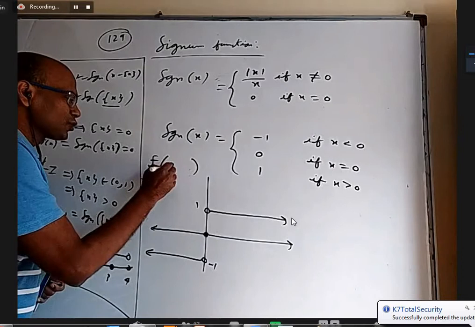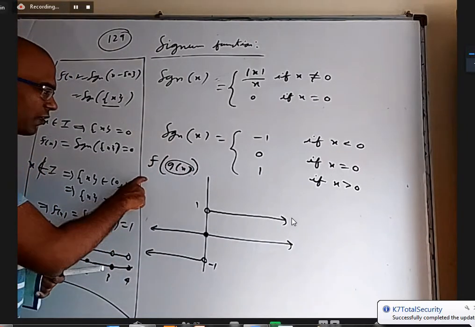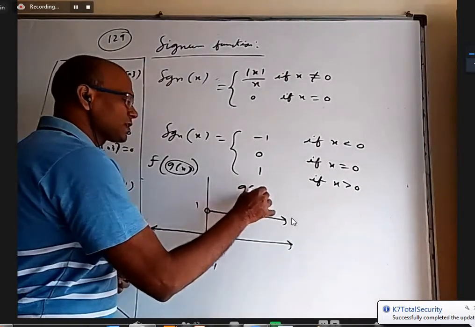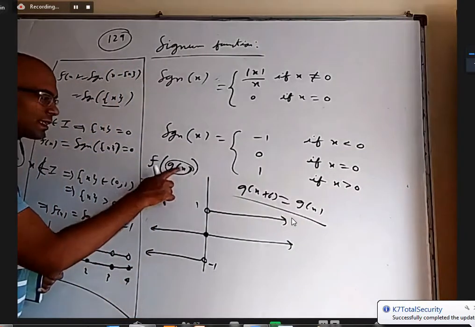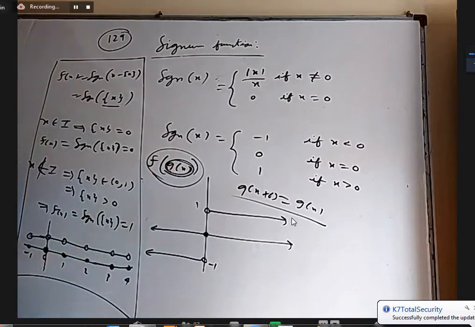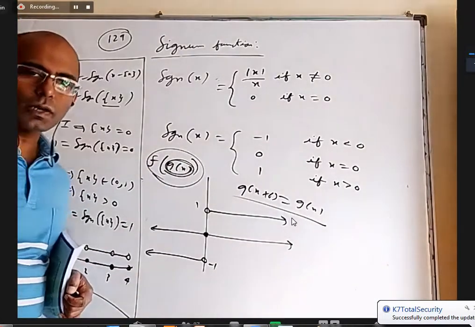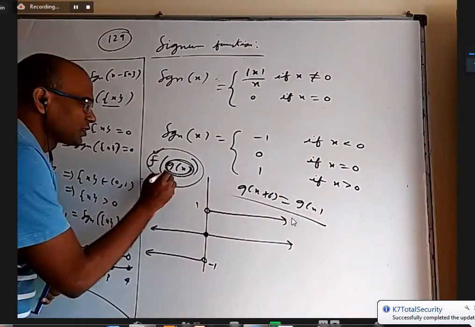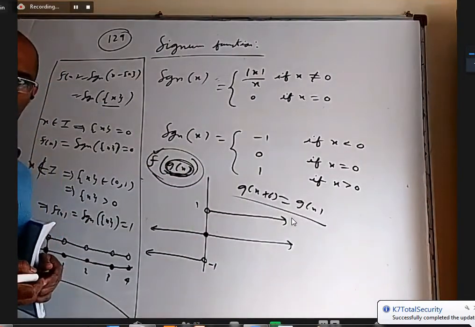If g of x is a periodic function with period 6, f of g of x is also period 6 only. Why? g of x plus 6 is equal to g of x. So if you replace x with x plus 6, this doesn't change, so this total also doesn't change. For f of g of x to be periodic, it is not compulsory that f should be periodic. If g of x is periodic, automatically f of g of x is also periodic.